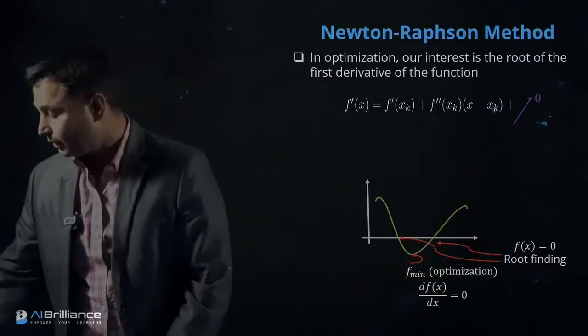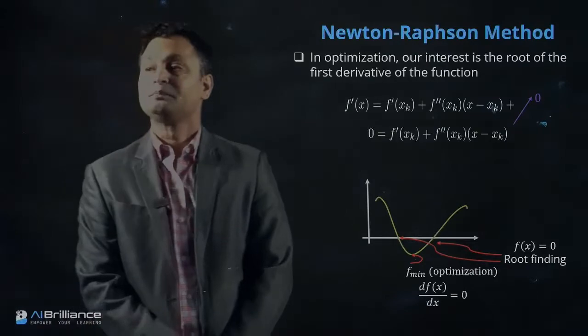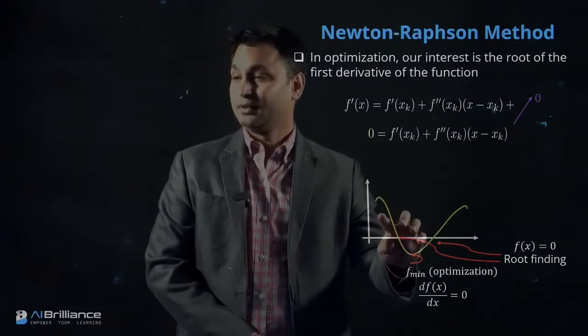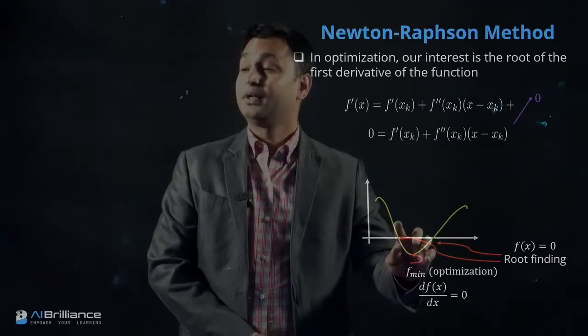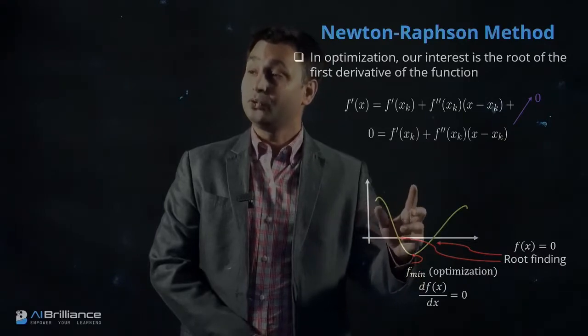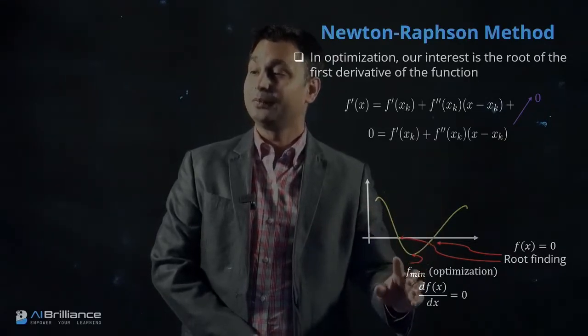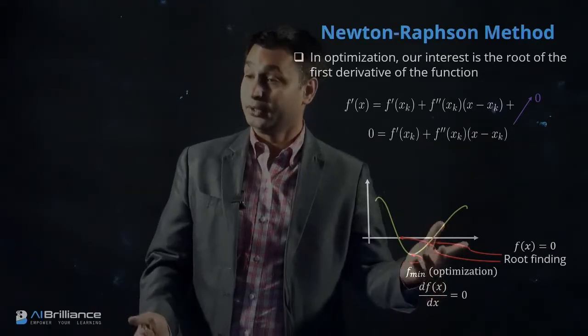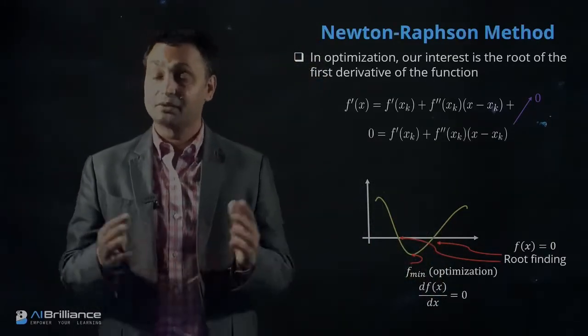So let's carry on and write those equations. Let me repeat one more time: this problem is finding f(x) equal to 0, but when I convert it to f'(x) equal to 0 and find the root of f'(x), that, in the original function space, is equivalent to finding this point. That's the main concept and the main connection.